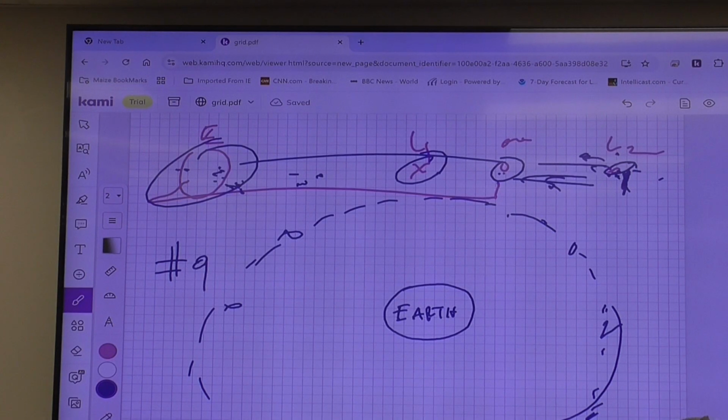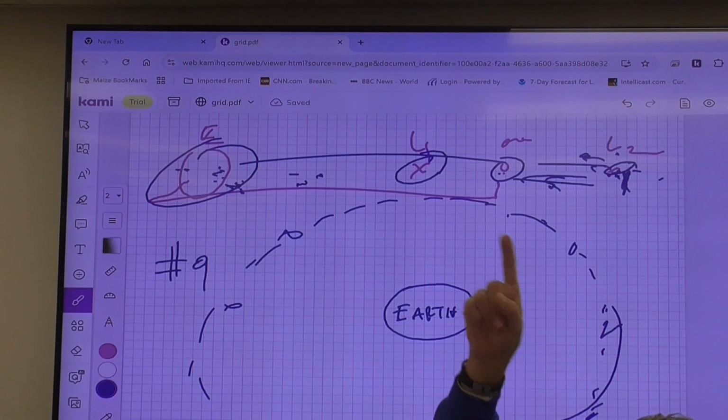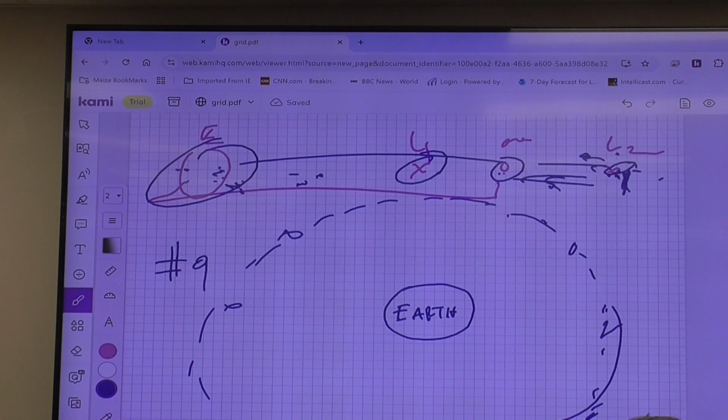But what happens with the GPS satellites, you park them way out here. So that when you're here in Mid America, there is a satellite parking lot of satellites that aren't moving relative to you. These satellites are parked out here so that you can triangulate your position.